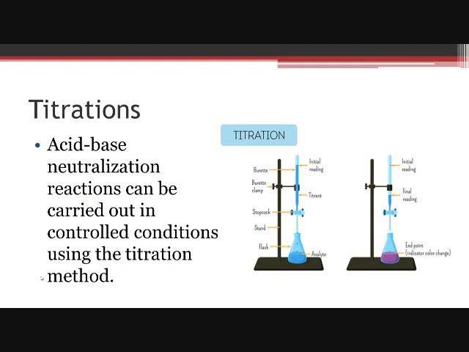Just so that you see a picture for reference, I know it's not in color, sorry. When we are trying to do acid-base neutralization reactions, we tend to do them in controlled conditions so that we can see the change over time as the reaction progresses. A titration does that for us.